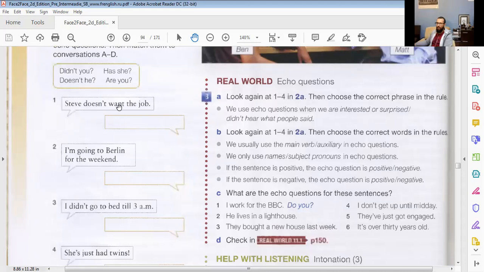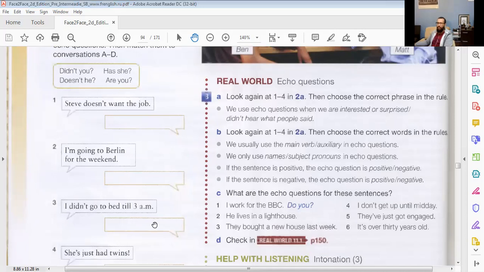So I'm going to read the speech bubble and you give me the response. Steve doesn't want the job. Doesn't he? That's right. I'm going to Berlin for the weekend. Are you? Mm-hmm. I didn't go to bed till 3 a.m. Didn't you?